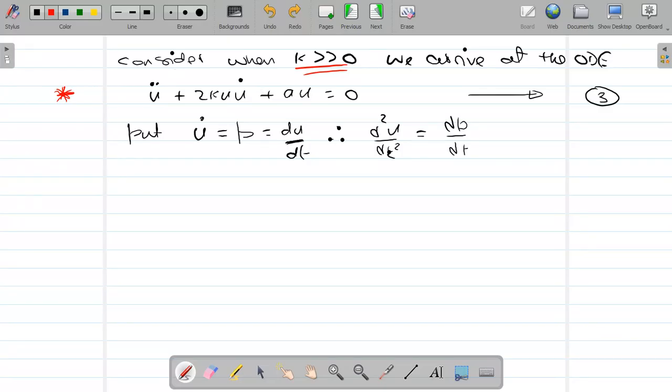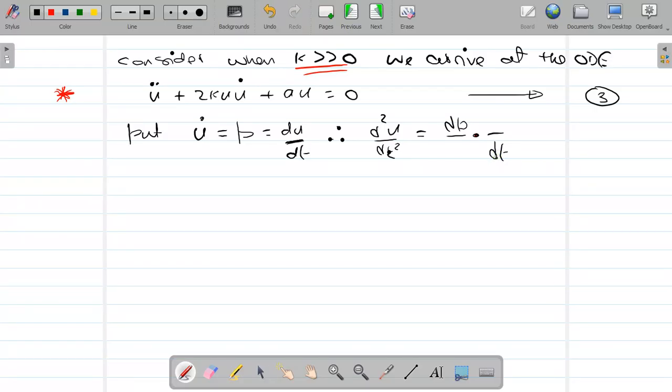So what we do is, we use the chain rule, and we put the dt there. So the dt is still there, but it just ends up being hidden.